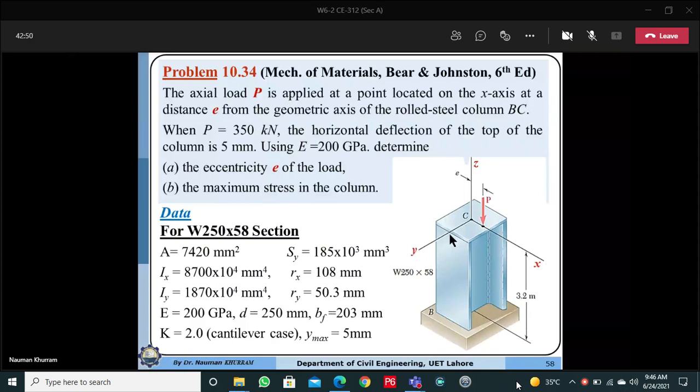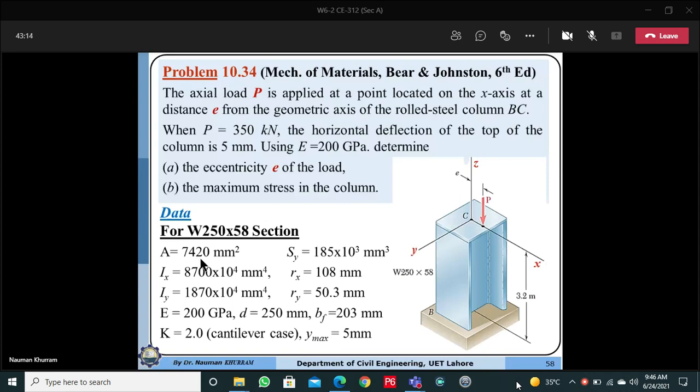For this column, the standard designation is given as W250 into 58, and in the examination you shall be provided with all the geometric properties. Cross-section area is 7420.